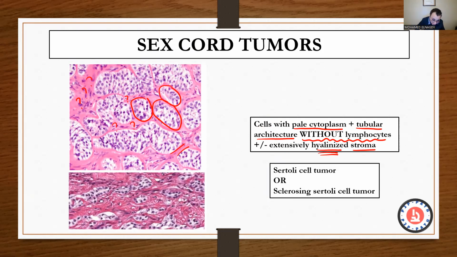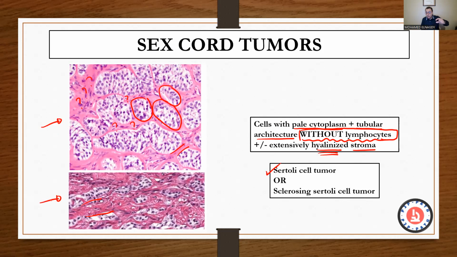Sometimes in other tumors, the stroma looks really clearly thickened and really pink. This is what we call hyalinized stroma. It has hyalinized stroma, and there are no lymphocytes infiltrating these septi. This is called Sertoli cell tumor, which is the one on the top here.